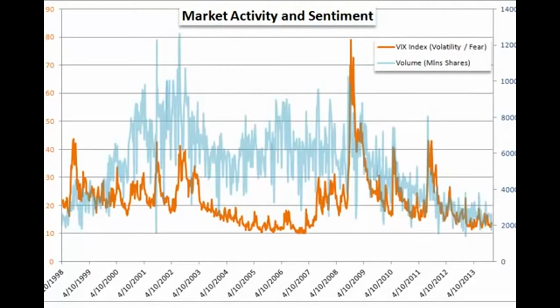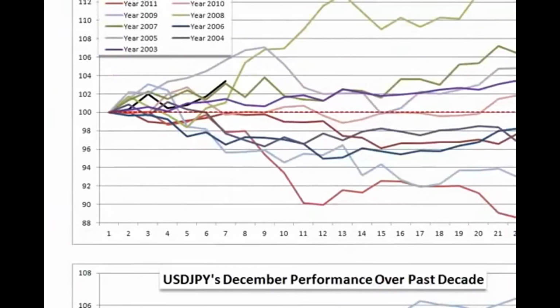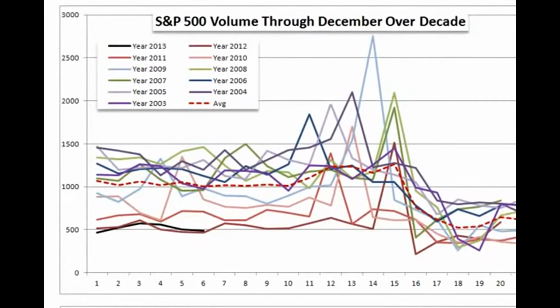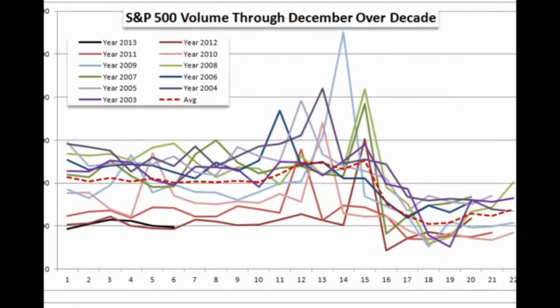So what I also did here is to break it down into the month of December to see when volume really starts to kick in and where it starts to drop off. Now, this is not normalized. You can see that this is 2013, this darker red right here is 2012, this lighter red up here is 2011.